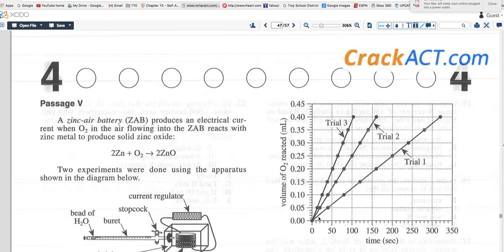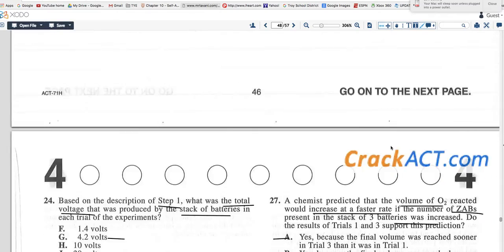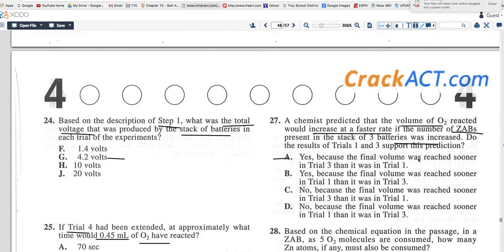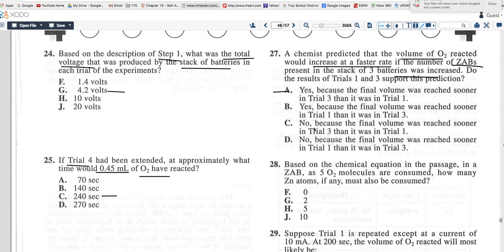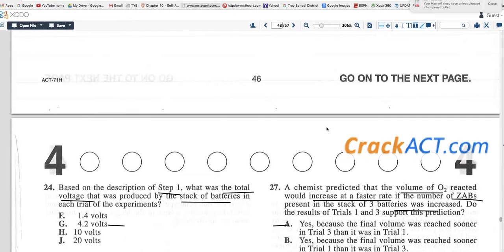That means its rate is faster. It's reaching 0.4 quicker than trial 1. Hence, it is yes, and the reasoning is in A, which is because the final volume was reached sooner in trial 3 than it was in trial 1. And another thing that you guys should know, for rates, whenever you have a faster rate, that means you have a steeper slope. So your line is more vertical.